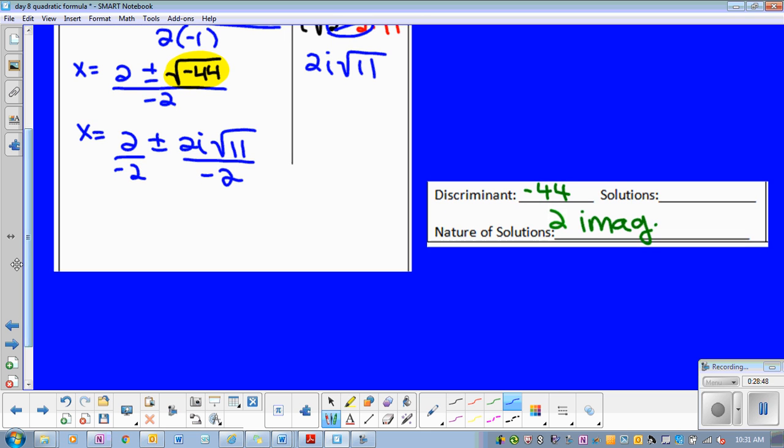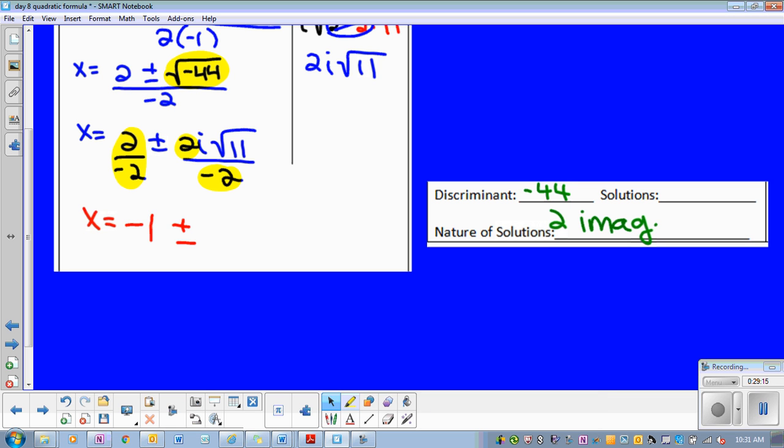Okay? And then let's simplify. Guys, what is 2 divided by -2? -1. Plus or minus. And what can I simplify here? 2 and the -2, which is what?